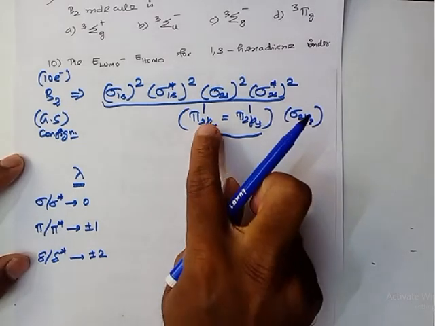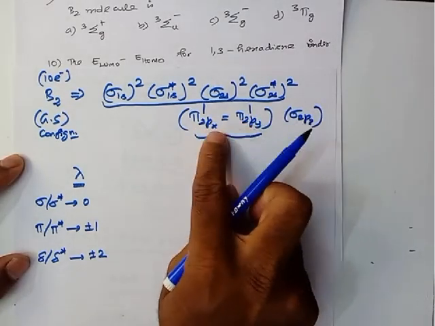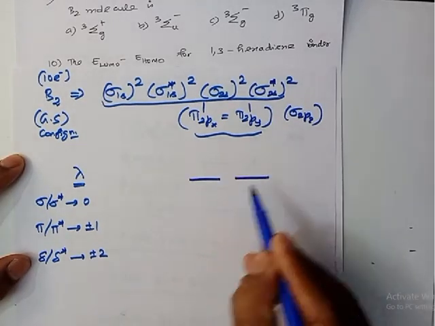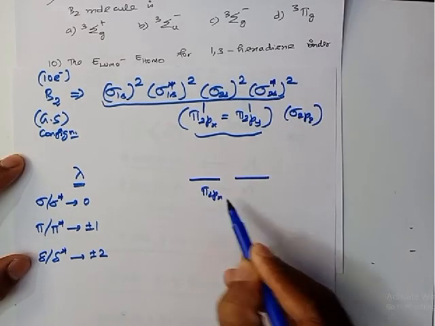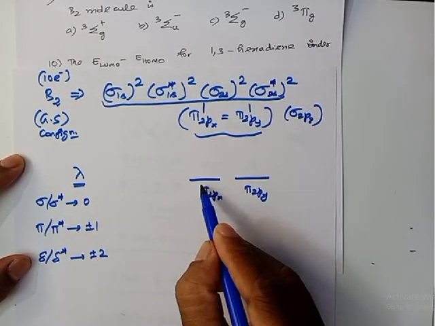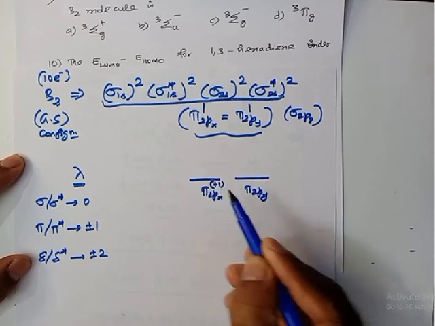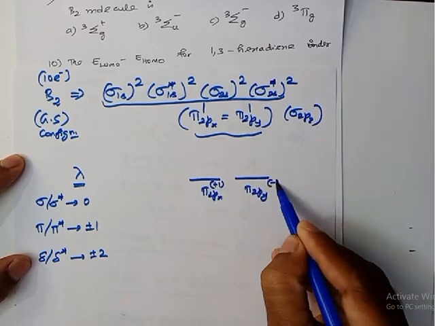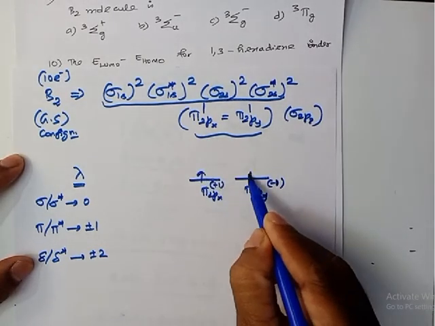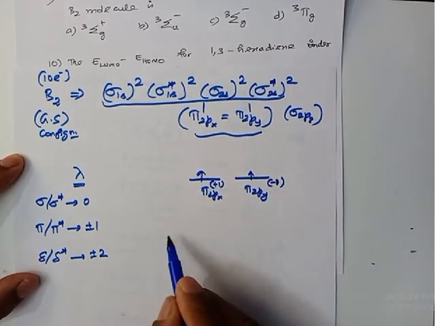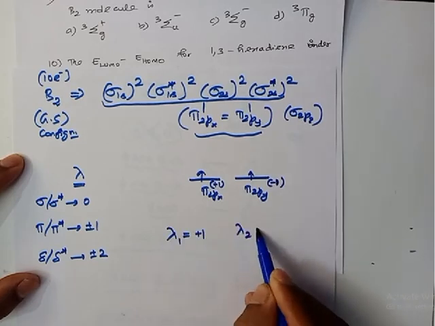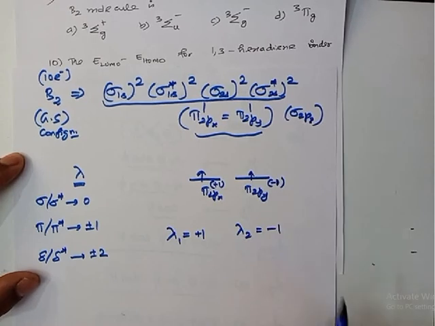Now we have 2 electrons, both present in degenerate pi orbitals. Remember, if you have degenerate pi orbitals, pi 2px and pi 2py, then the lambda value for one orbital is plus 1 and for the other orbital is minus 1. Keep this in mind, very important. Therefore, we have one electron in plus 1 and another in minus 1. So lambda for electron 1 is plus 1 and lambda for electron 2 is minus 1.